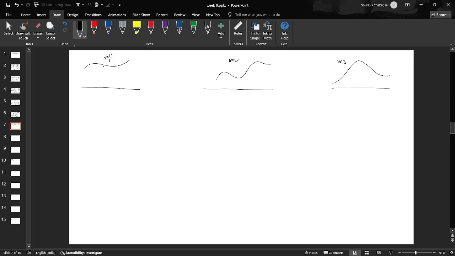So what is happening here? I am going to sample each one of them, M1, M2, M3, with a gap of Ts. This is basically my sampling interval between any two samples of any of these message signals. 1 over Ts is my sampling frequency.